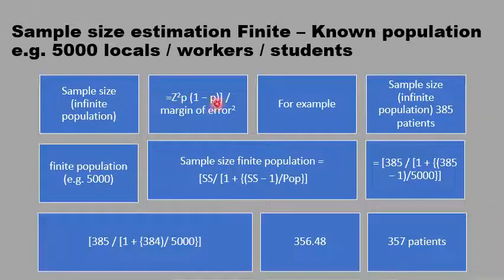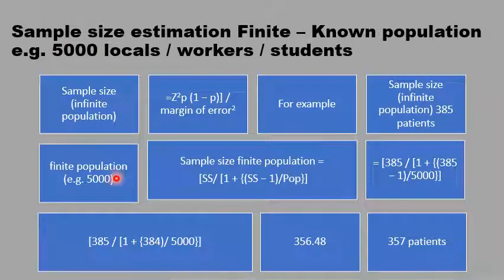And once we have obtained that figure, say it is 385, then we use that figure, we divide it by a certain other entity to get the required sample size for the finite population, for the known population of 5,500, whatever.